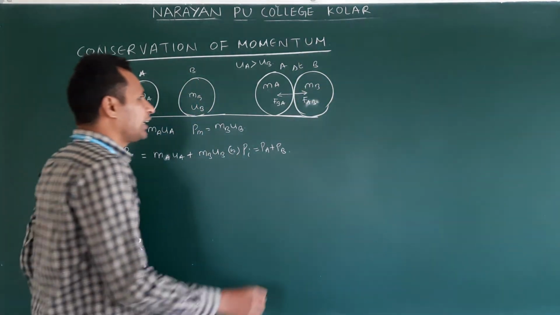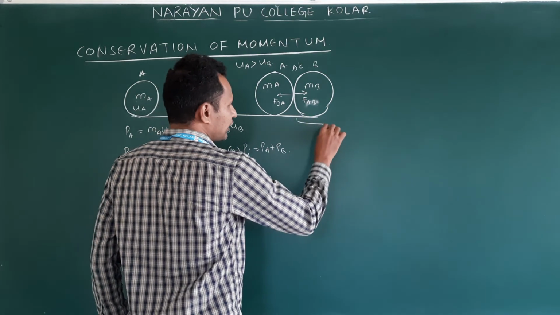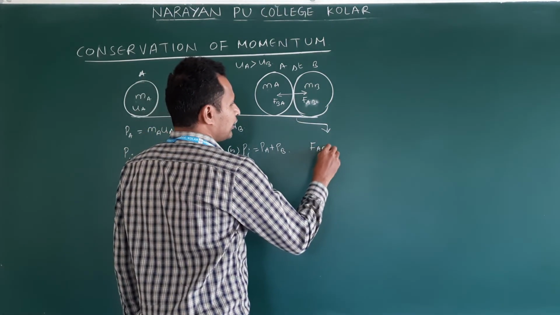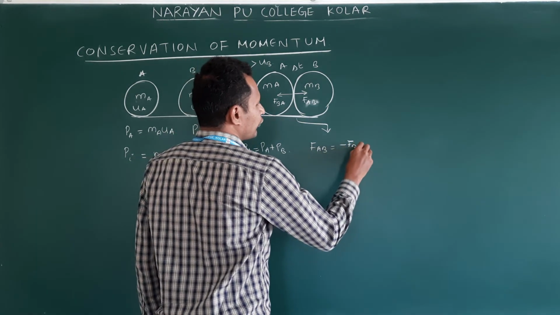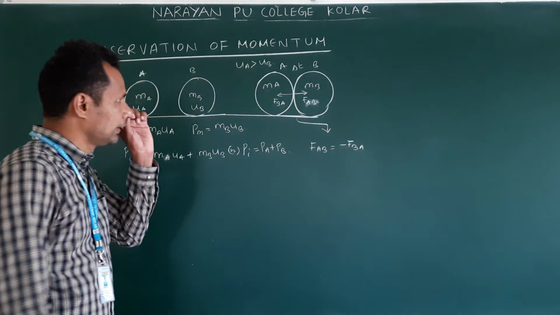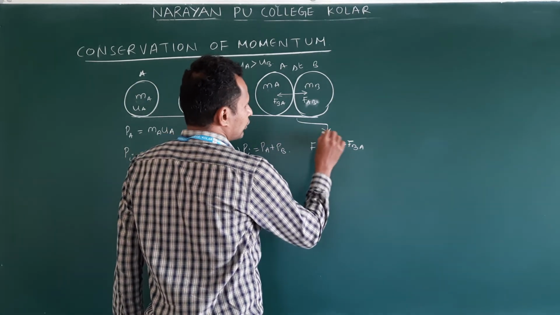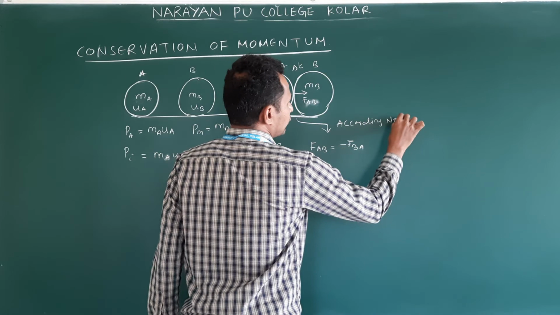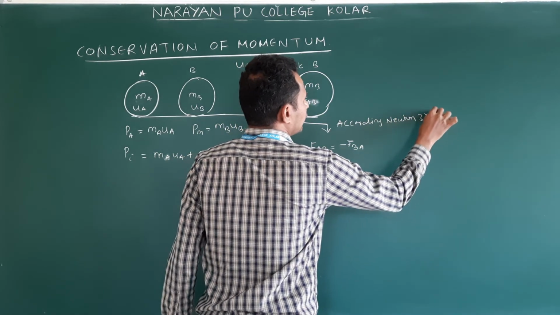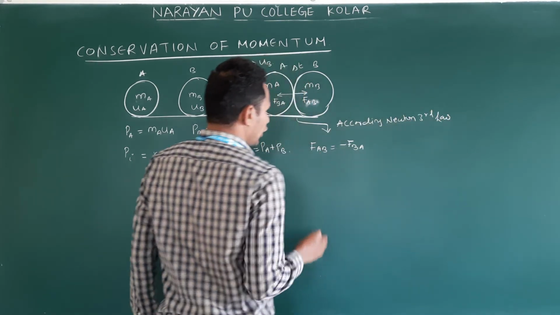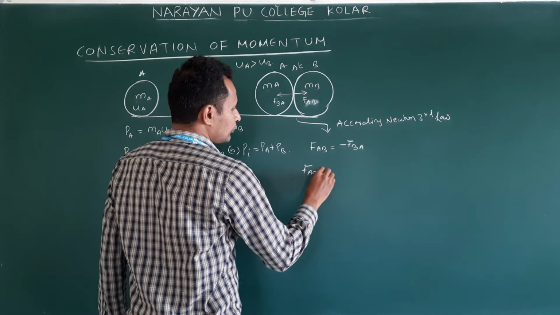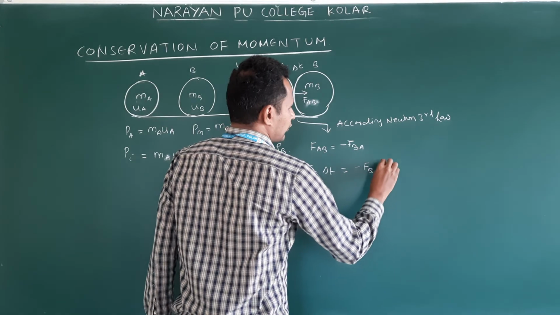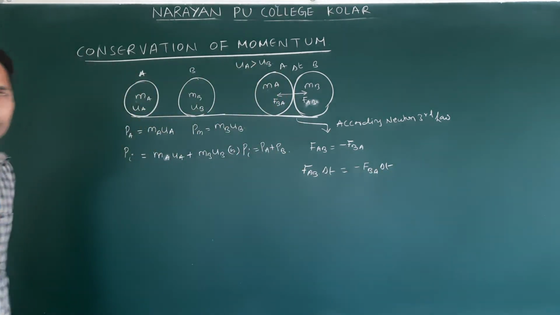Clear? So in this situation, according to Newton's third law, FAB is equal to minus FBA. Am I correct or not? Now multiply with delta T. Clear?